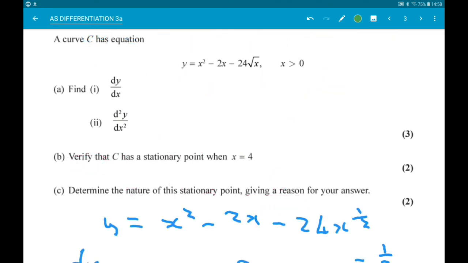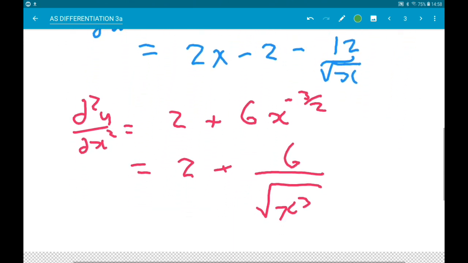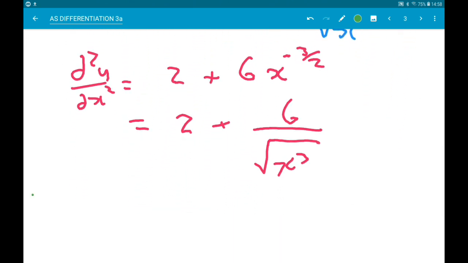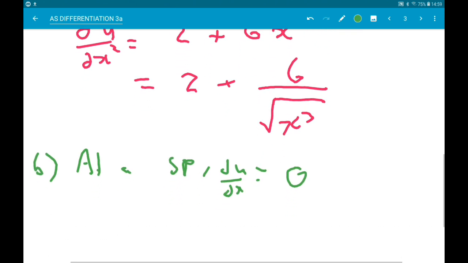Part B wants us to verify that C has a stationary point when x equals 4. So we should say that at a stationary point dy by dx must equal 0. So we're going to test it with x equals 4.